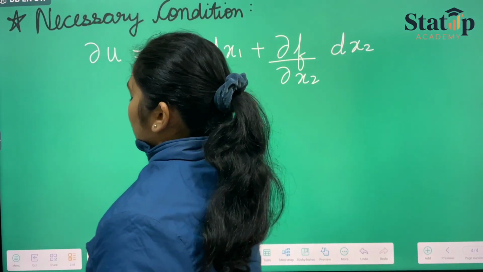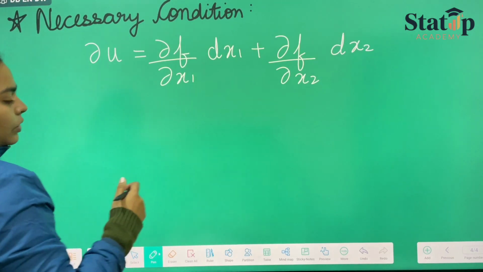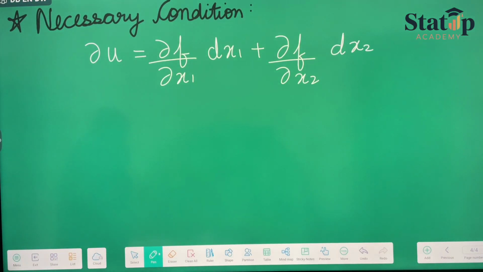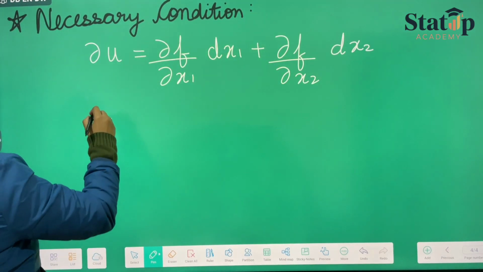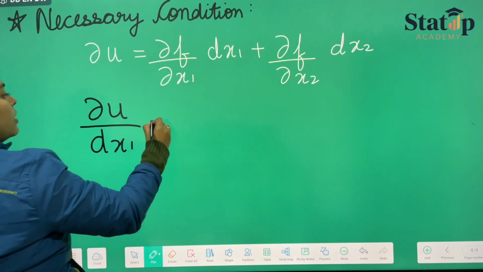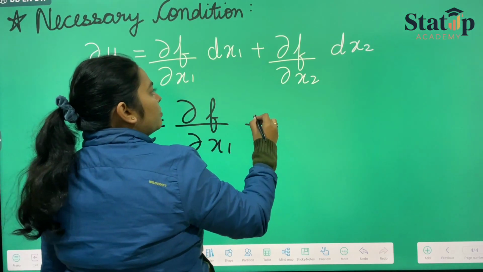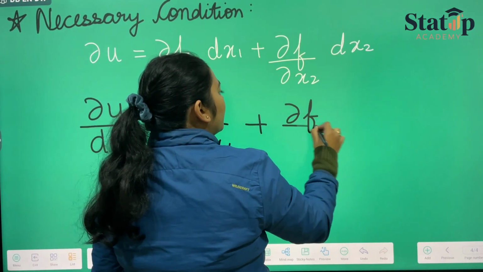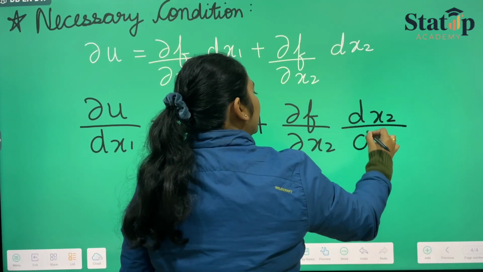If we differentiate this whole equation of utility function, then if we divide all of this equation by dx1, we will be getting du upon dx1 equals delta f upon delta x1 plus delta f upon delta x2 into dx2 upon dx1.